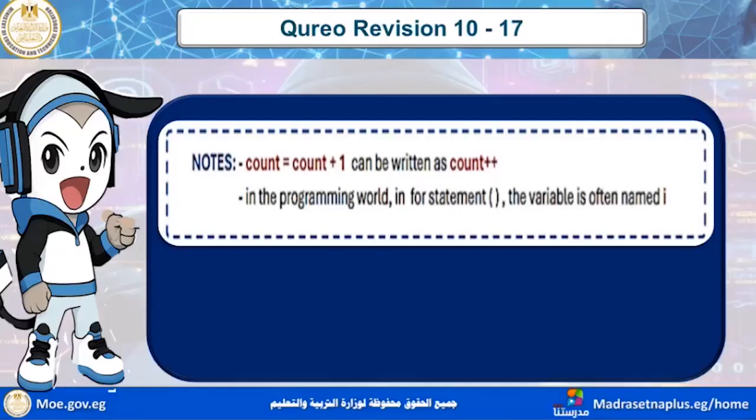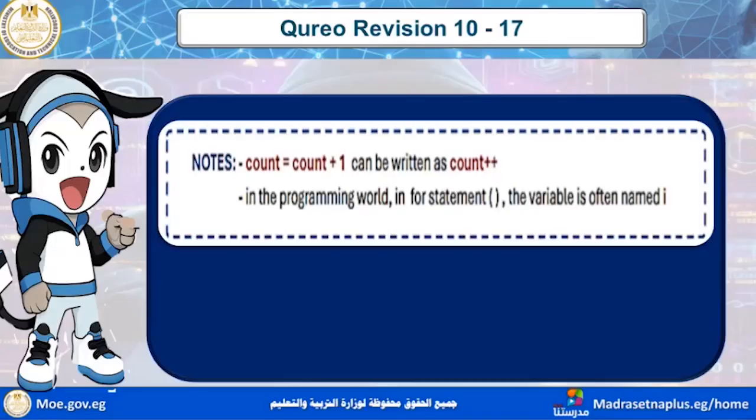Another note here is count equals count plus 1 can also be written as count plus plus. So if we would like to increase the value of the variable count by 1, we can write count equals the old value of count plus 1, or we can write count plus plus, so the program will understand that it will increase the value of count by 1.